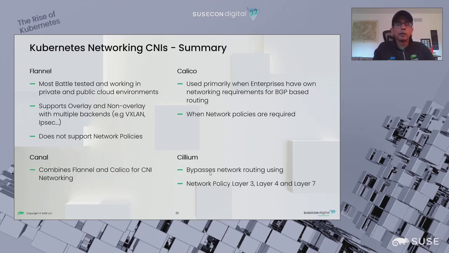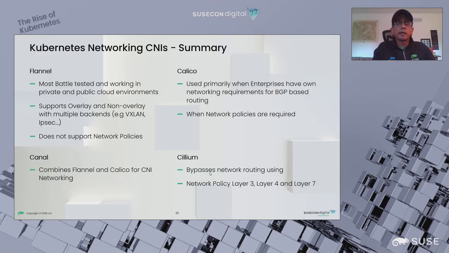It has done well in many private and public cloud environments. It's got a good set of capabilities in terms of supporting overlay or non-overlay modes with multiple backends. And the only disadvantage here is it does not support network policies.